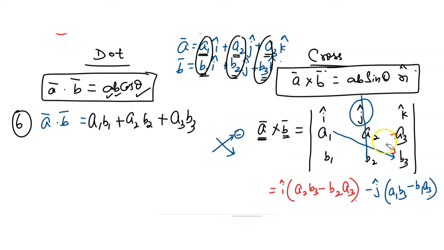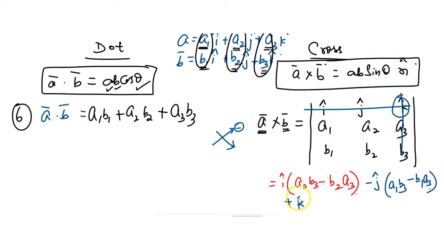And the same thing we are going to do for k cap. For k cap we see that it's in the first row, third column. So all the elements which are not in the row and column where k cap is, so we will have plus k cap into (a1 into b2 minus b1 into a2).